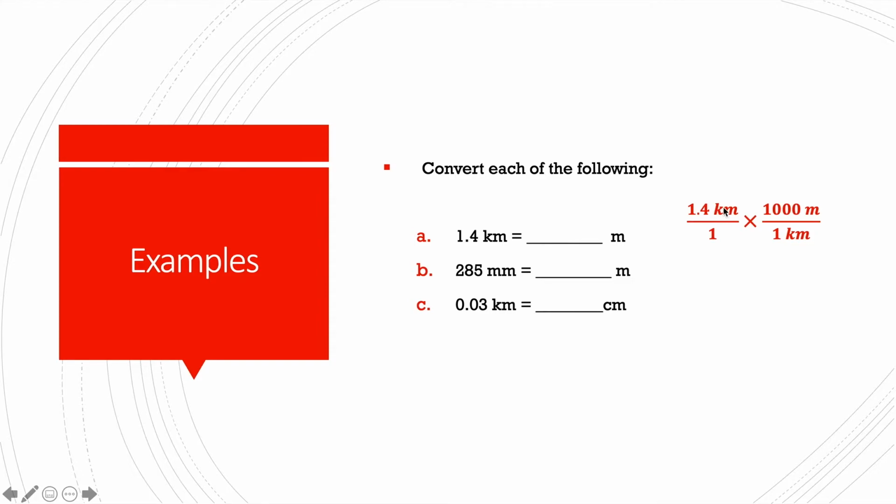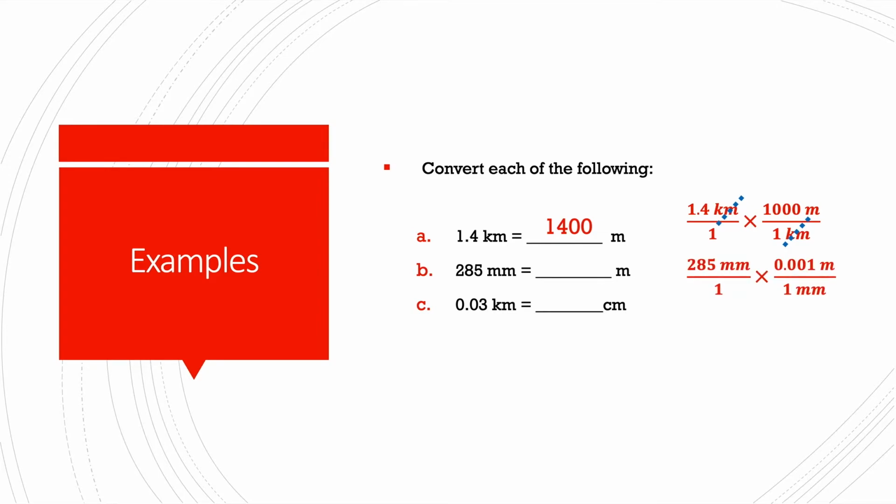And then the equivalency for meters is 1,000 meters in 1 kilometer. So I need my kilometers to reduce with one another, which is why I put it on the bottom of the second fraction. And then we can see it simplifies, and multiplying straight across, 1.4 times 1,000, we get 1,400 meters. So if you feel pretty good, go ahead, do this at your own pace.